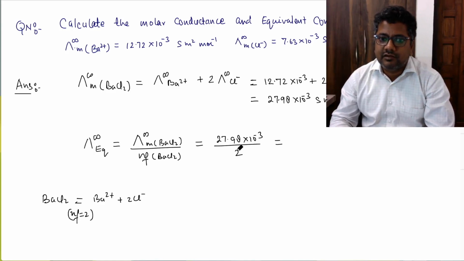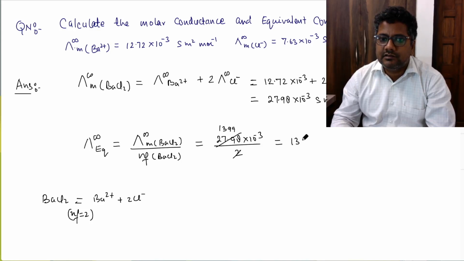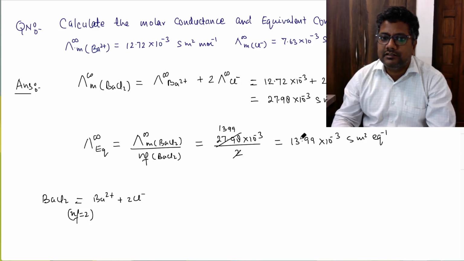So this is equal to 13.99 into 10 to the power minus 3 Siemens meter square per equivalent, right? So this is the second answer.